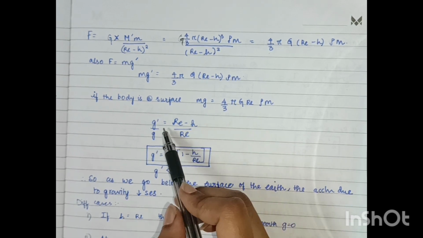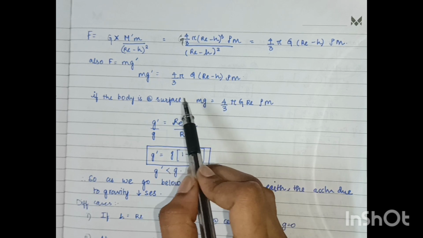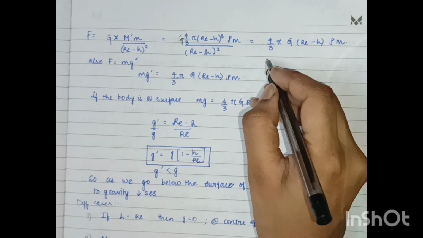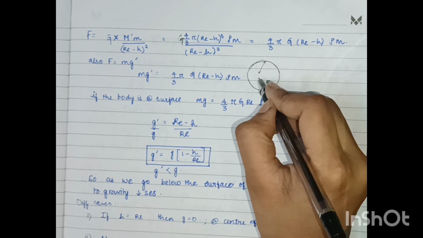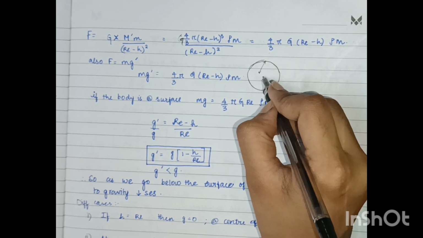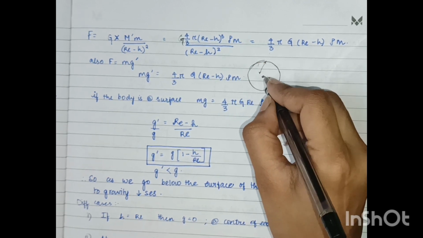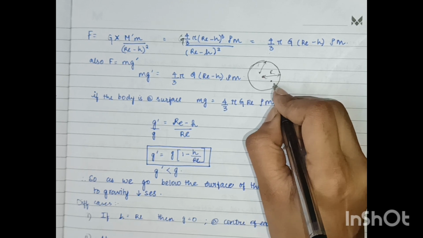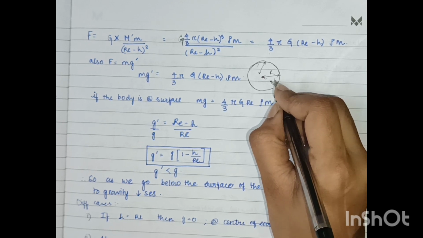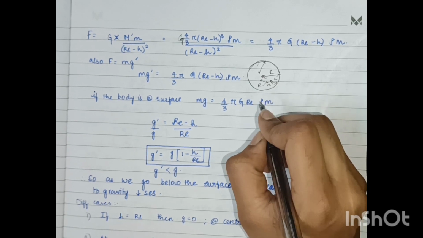And if the body is at the surface, so we have taken this distance as h, sorry. If this is the center of the earth, then this will be radius, and if our body of mass m is here, then this is height, then this will be r minus h.